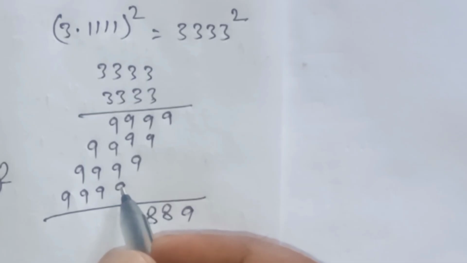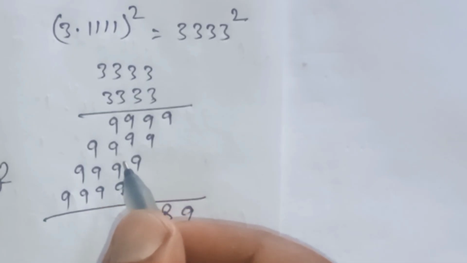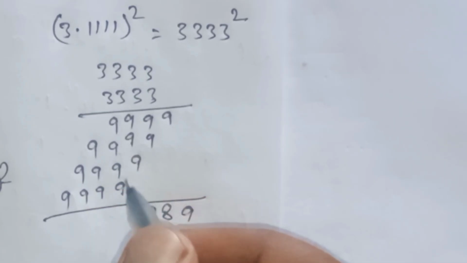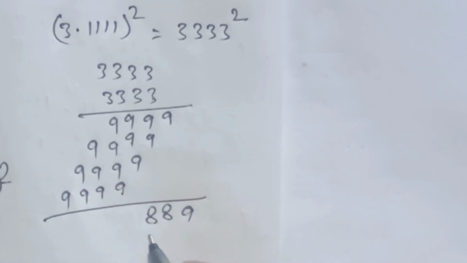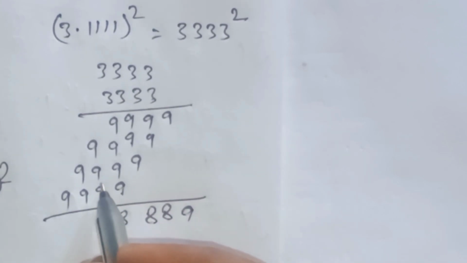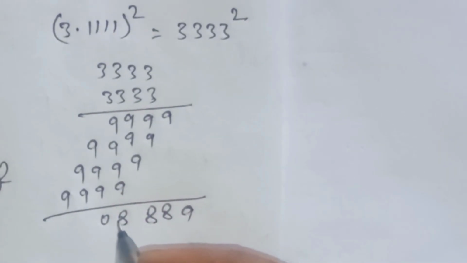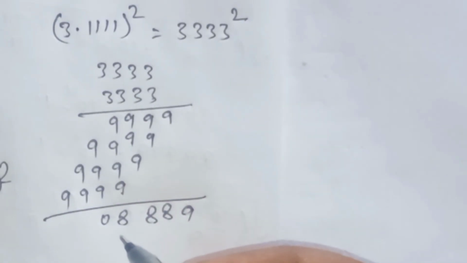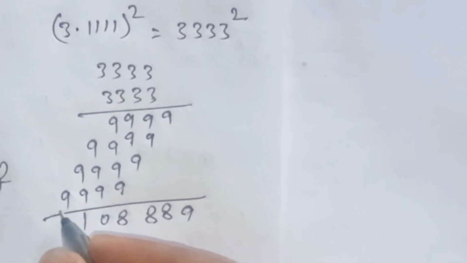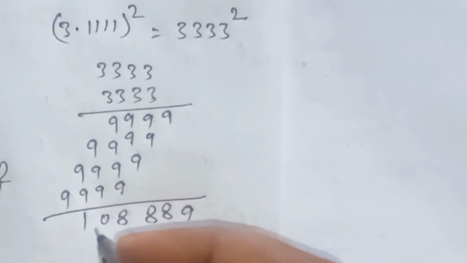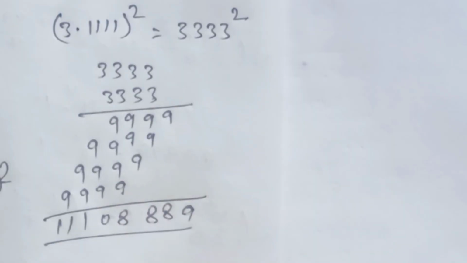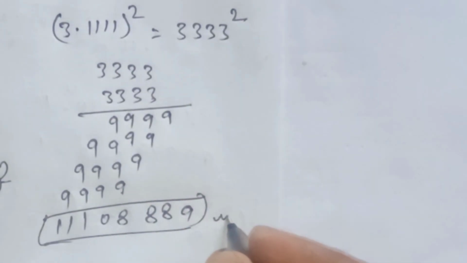Then 9 plus 9 is 18, plus 9 is 27, plus 9 is 36, plus 2 is 38, left it 3. 27 plus 3 is 30, left it 3. 18 plus 3 is 21. 9 plus 2 is 11. This is the final value of this radical math problem.